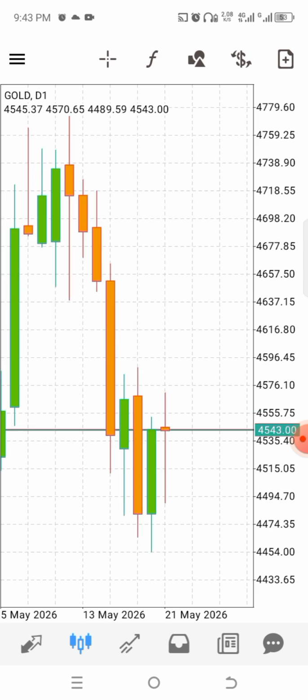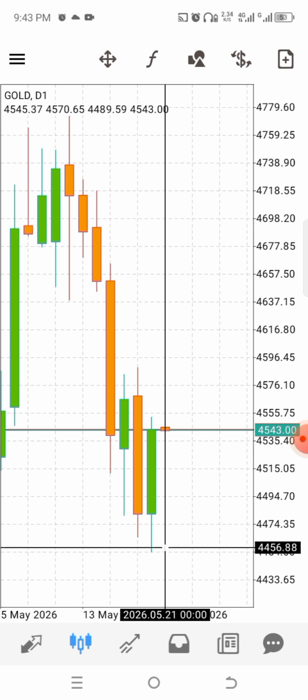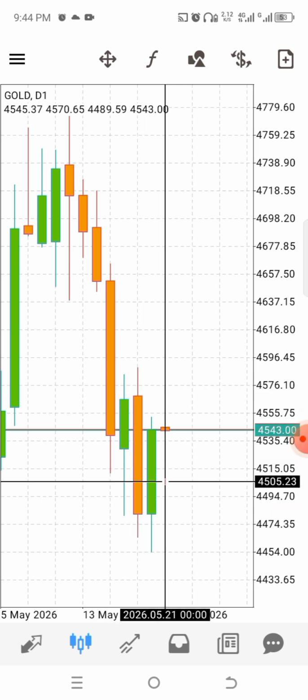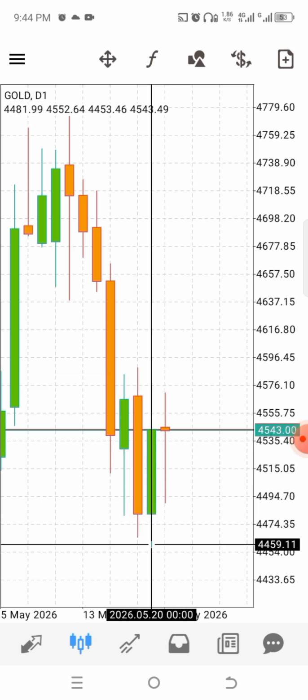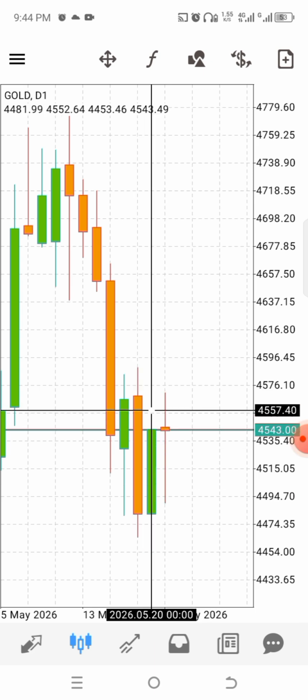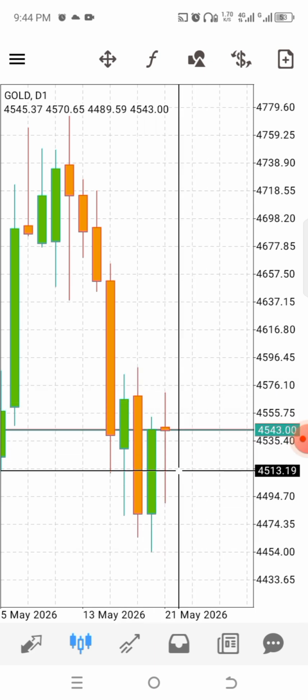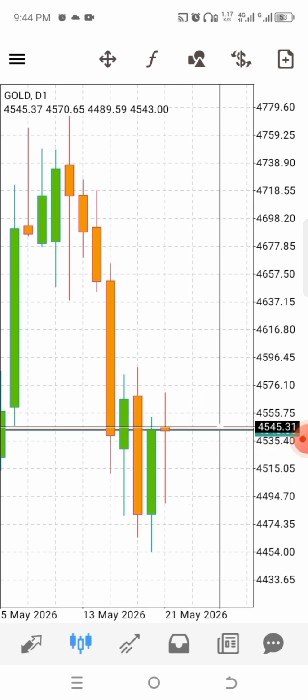So on the daily time frame too, this is a small bullish trend that has happened over here, and a hammer at the top of this small bullish trend, which simply means that we will have to go bearish, right? We will have to go bearish based on this candlestick pattern right here.